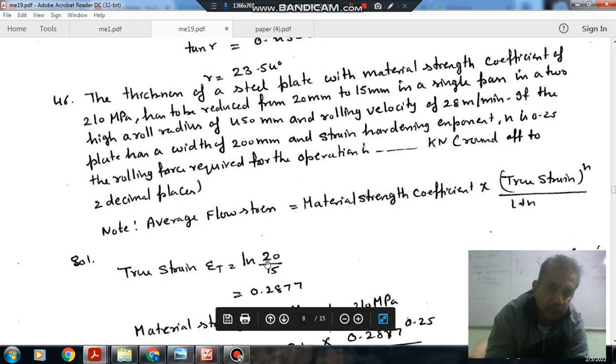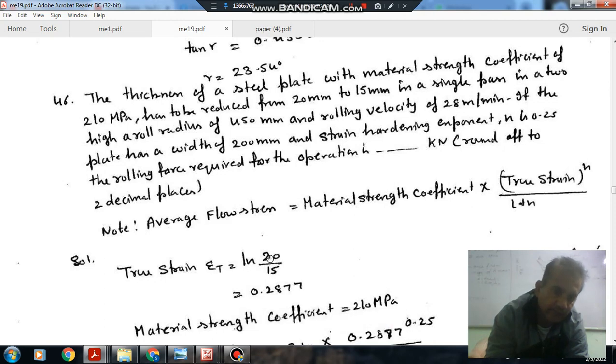Length is increasing and thickness is decreasing, so we can take Tf by Ti or Ti by Tf, because volume is constant and volume is L into T into W. We take initial and final, and W is the same in the volume equation. So Lf by Li will be equal to Ti by Tf.